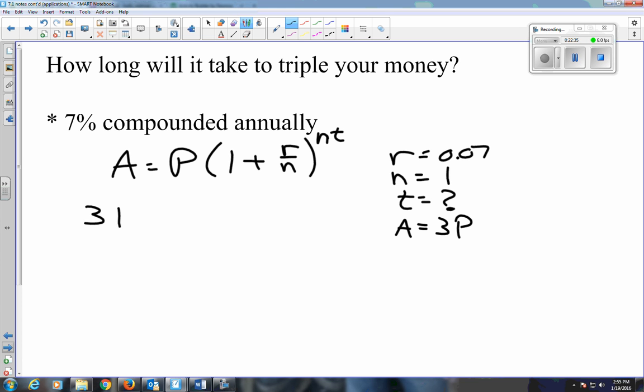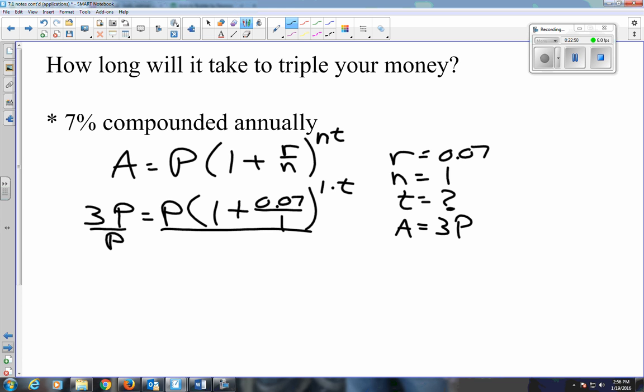So we got 3P equals P times 1 plus 0.07 over 1 to the 1 times T. Okay, let's simplify this a little bit. I can divide both sides of my equation by P. And now I have 3 equals, well, the dividing by 1 makes life pretty easy. So that's 1.07 raised to the T.